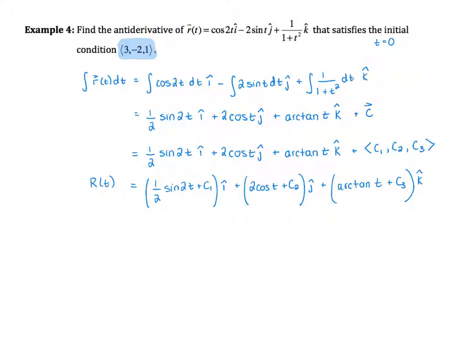So it's just a matter of, when I plug in t equals 0, each of the individual components work out to the appropriate number. For example, the i component should work out to be 3 when t is 0. This component should work out to be -2. And this component, when t is 0, should work out to be 1, right? So that's what we're talking about here.